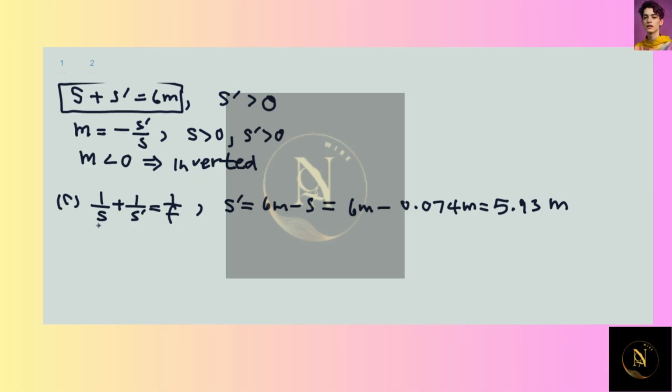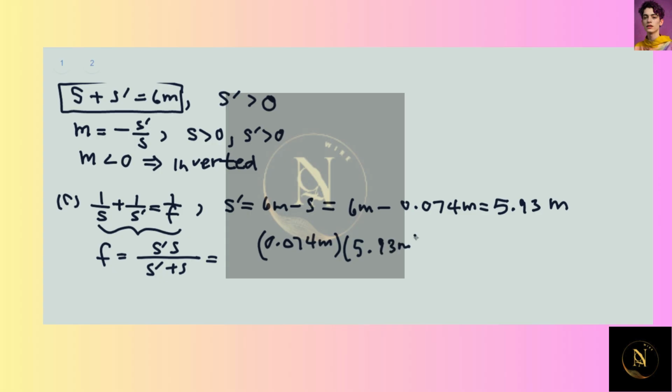Okay, so now I can just solve this equation for F, since I know S and S prime. So F is equal to S prime S over S prime plus S, which is 0.074 meters times 5.93 meters divided by, well, this had better be 6 meters.